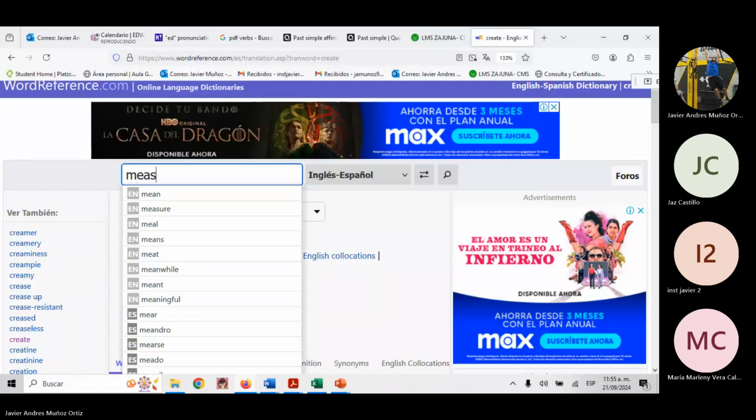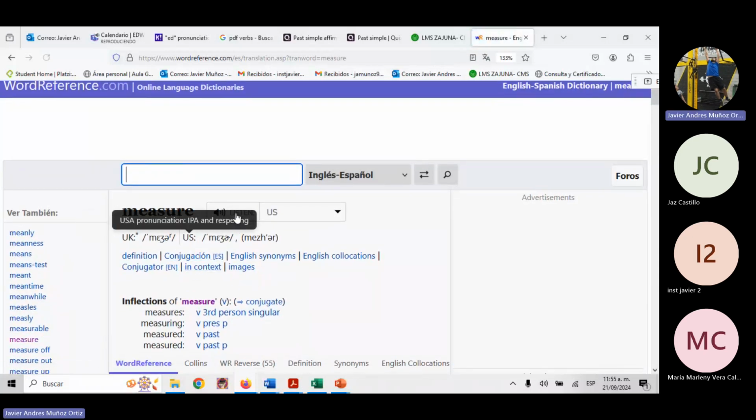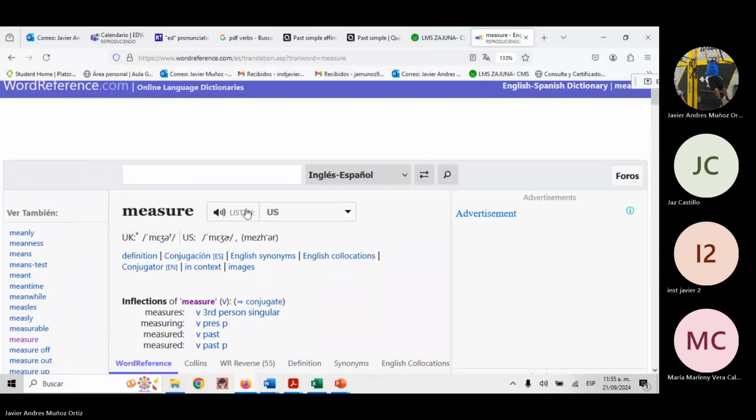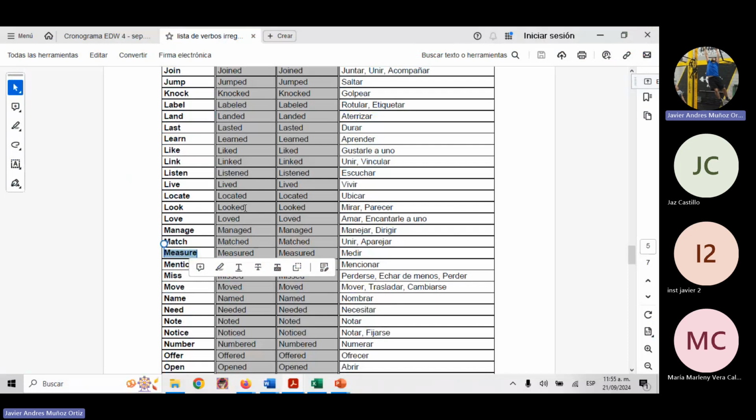Vamos a ver, por ejemplo, este. Medir. La pronunciación está aquí. Measure. Si yo sé que genera vibración y eso lo compruebo al tocarme la garganta, ¿cierto? La pronunciación no va a ser measured, ni tampoco va a ser measured, sino measured, ¿vale?